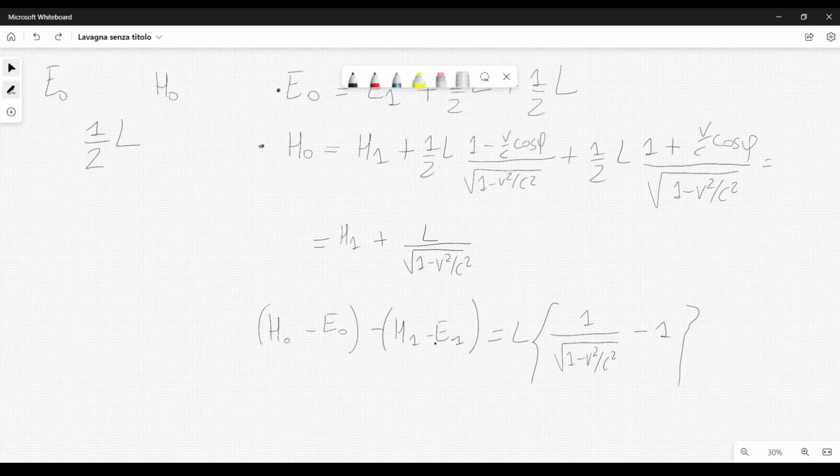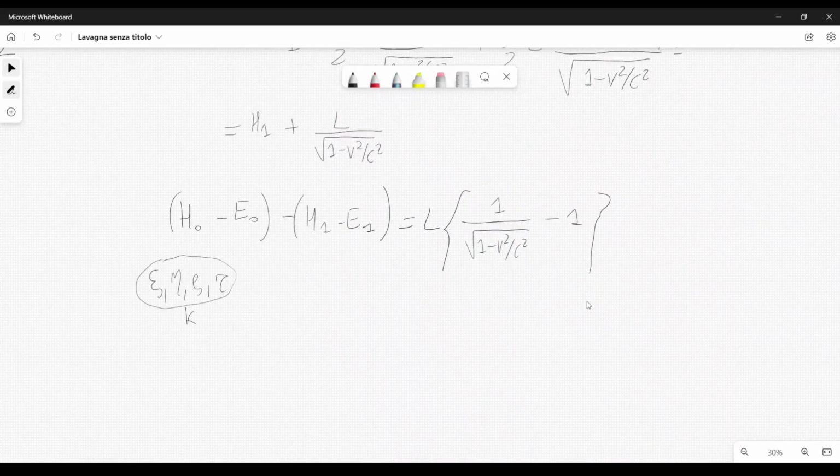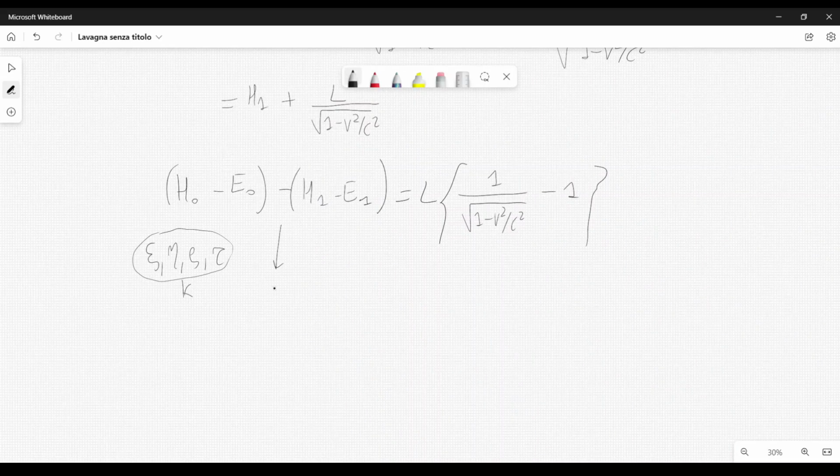So this energy is the energy with respect to the system xi, eta, zeta, tau if you want, and this system is indicated with the letter k, lowercase k, and therefore when we take this difference, we have some kinetic energy k0 plus some constant minus kinetic energy in the second condition, which is after the emission of the light rays, plus the same constant c, so we can cancel c, and that's equal to L times 1 over the square root of 1 minus v squared over c squared minus 1, like this.